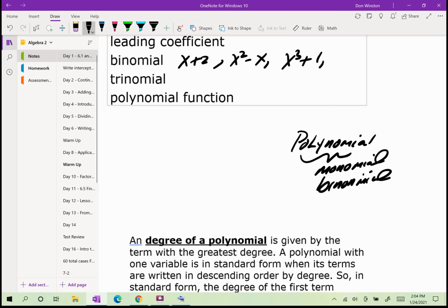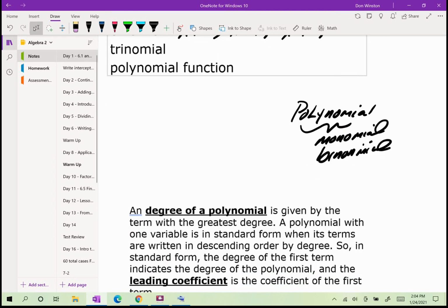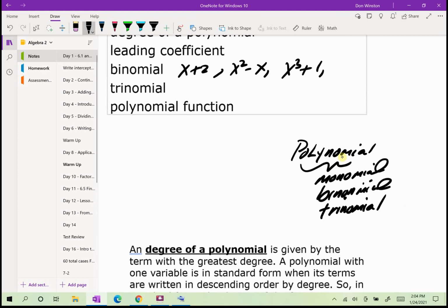A trinomial also falls under the category of a polynomial, and we worked with trinomials a lot in chapter 5. So for example, x squared plus x minus 4 is 3 terms, a trinomial.